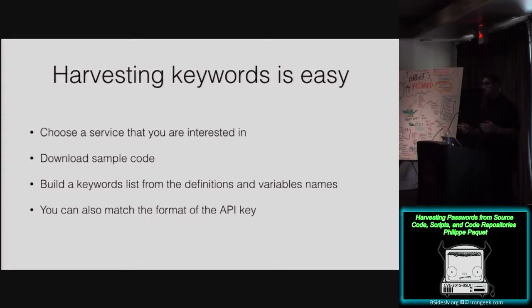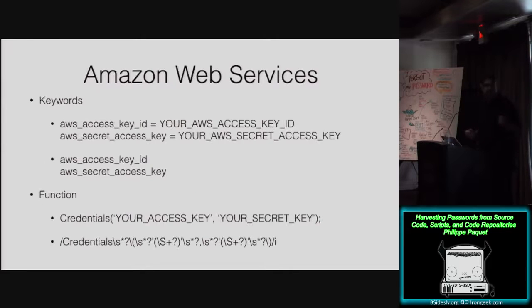They are not going to change the name. So it's a very good way to get a set of keywords for that. So for example, Amazon Web Services, that's a sample code, that's a keyword you're going to get, that's a function call from the sample code, and that's a regular expression to find that function call.